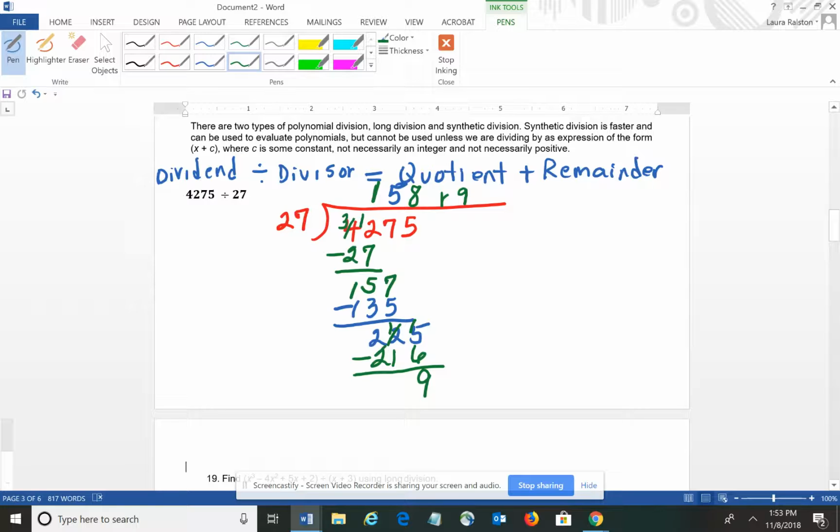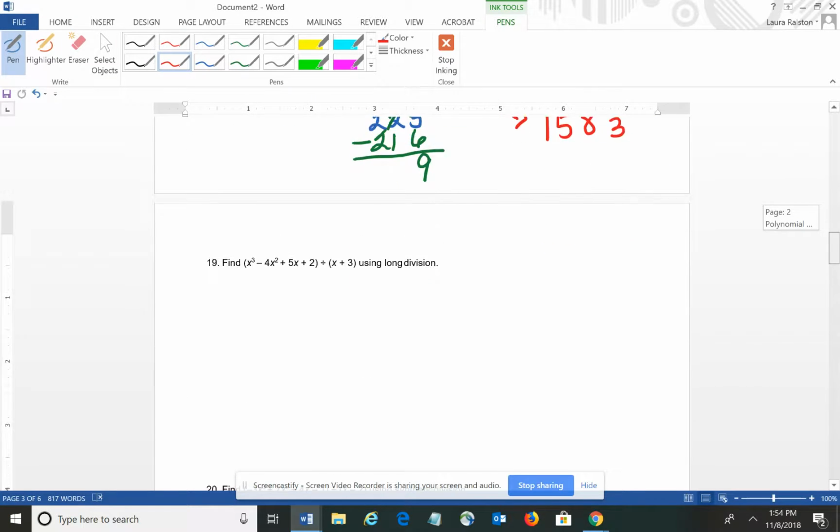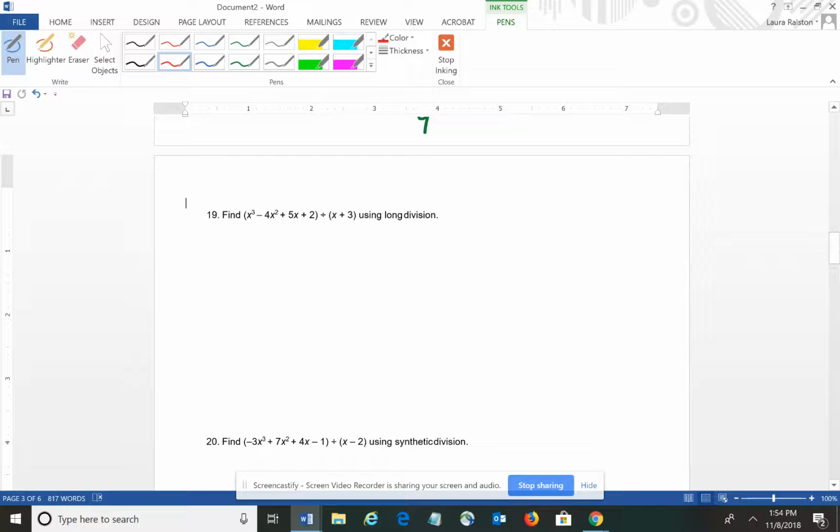Typically, especially in algebra, we would write the answer as 158 and 9/27ths, or the 27ths will simplify into 1/3. So either answer is correct. We do typically simplify our fractions. And we're going to use that same process to do long division of polynomial functions.